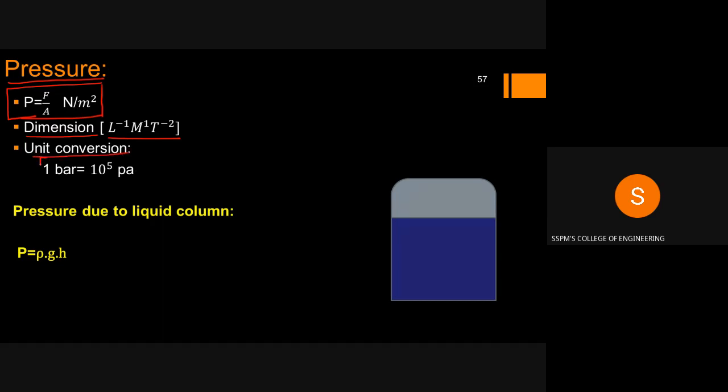This is the relation between bar and Pascal: 1 bar is equal to 10^5 Pascal, and Pascal is nothing but Newton per meter square. So 1 Newton per meter square is 1 Pascal. And 1 kilopascal is equal to 10^3 Pascal, or 10^3 Newton per meter square.